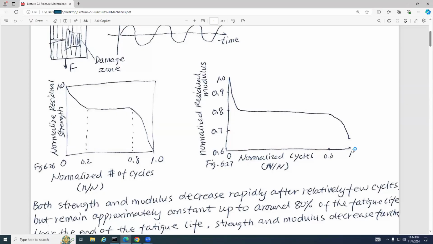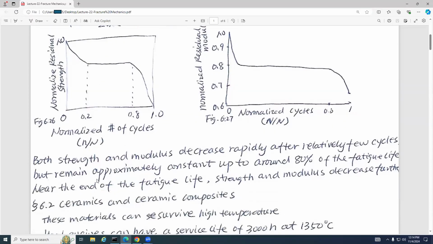So you can see that both strength and modulus decrease rapidly within relatively few cycles, but then remain approximately constant. These are two plateaus. This is one plateau, and this is another plateau in the modulus. They remain constant up to around 80% of the fatigue life.